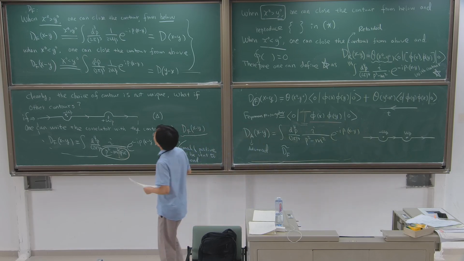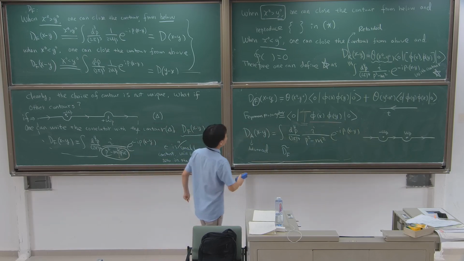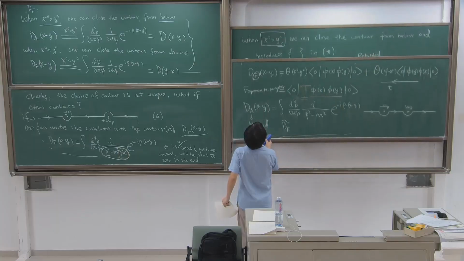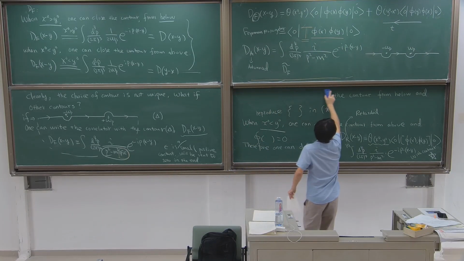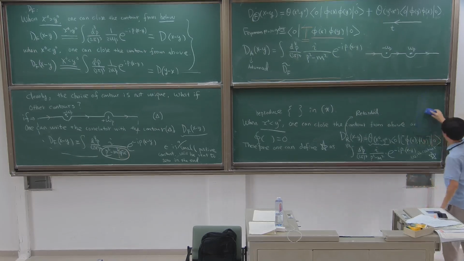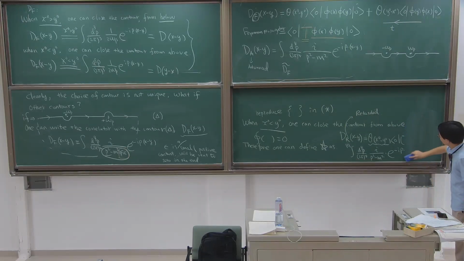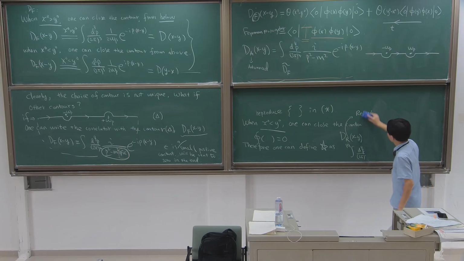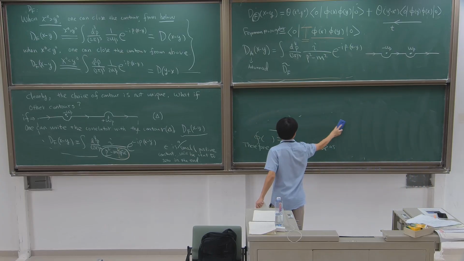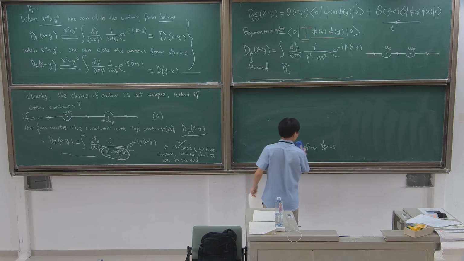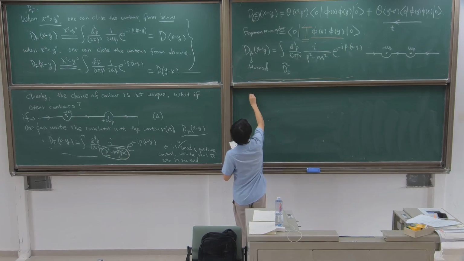So the commutator is defined to solve the causality problem. Why is this true?